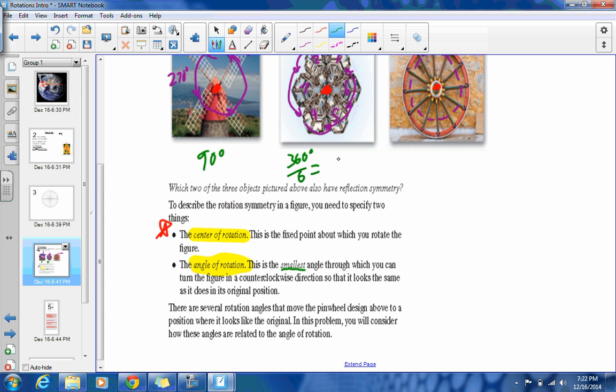So it would be 60 degrees. Again, this is the angle of rotation. This one was 12, so if I do 360 total degrees divided by 12, you would get a 30-degree rotation. All right, so those would be the angles of rotation.